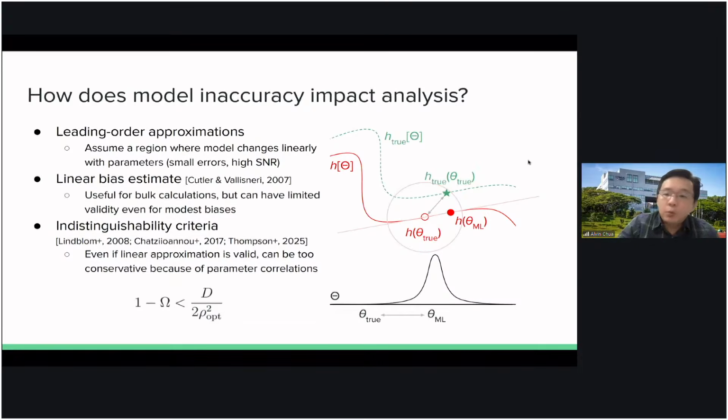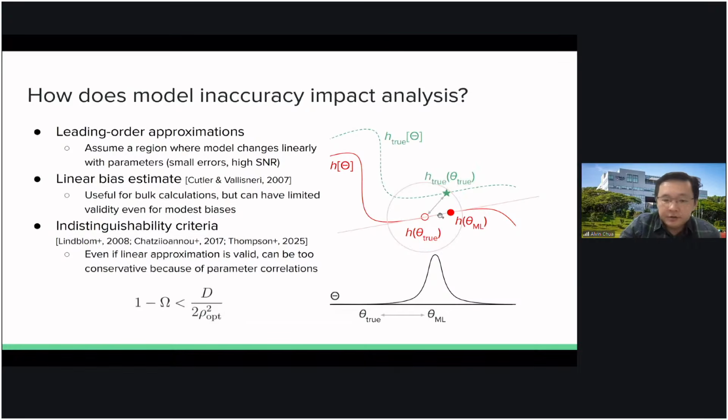Once you make this assumption, there are methods that allow you to estimate biases much more quickly, or even accuracy standards. The first is a linear bias estimate introduced by Cutler and Vallisneri in 2007.